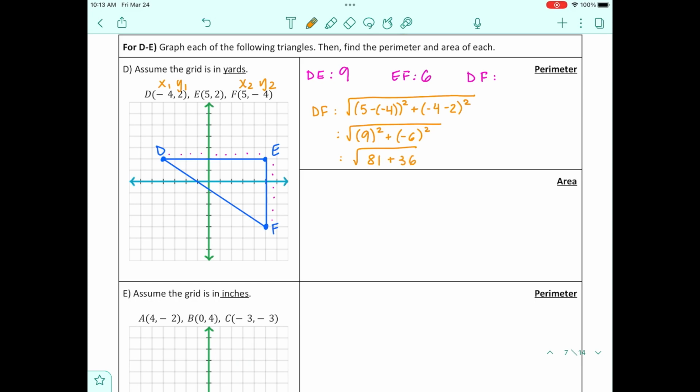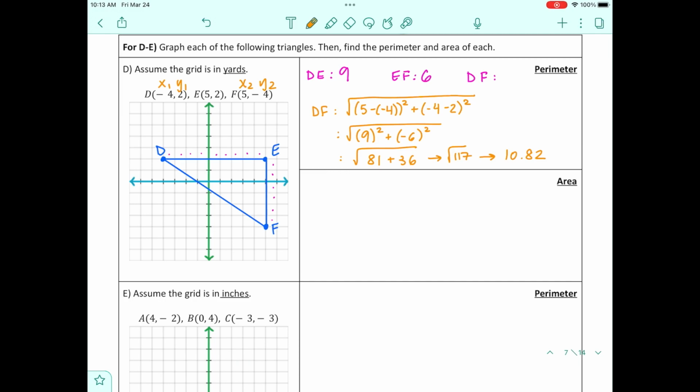And I don't know what that is off the top of my head, so I can figure that out in the calculator. So it's the square root of 117, and then I want that as a decimal, 10.81. I'm going to go to the nearest hundredth on these.